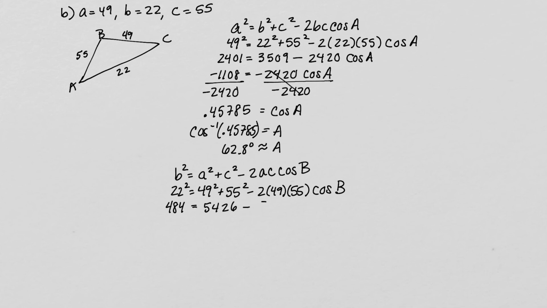5,426 minus 5,390 cosine of B. So subtract the 5,426 from both sides. We get minus 4,942 is equal to minus 5,390 cosine of B. Divide both sides by minus 5,390.